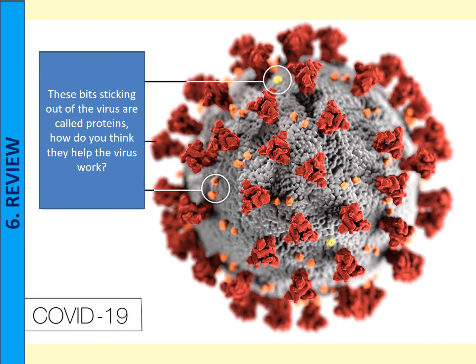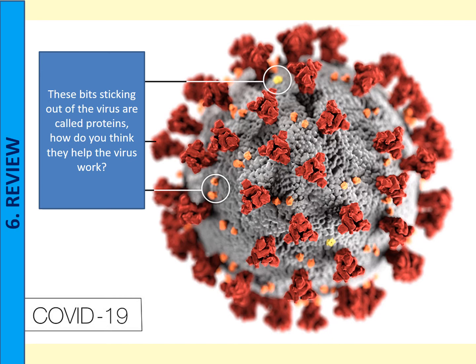So before tomorrow, as well as completing the task that I've asked you to do with the table, I'd like you to have a look at this picture of the COVID-19 coronavirus. Now, if you look carefully, there are a few different bits sticking out of the virus's surface. There are some big red ones, some slightly smaller orange ones, and some tiny little yellow ones.